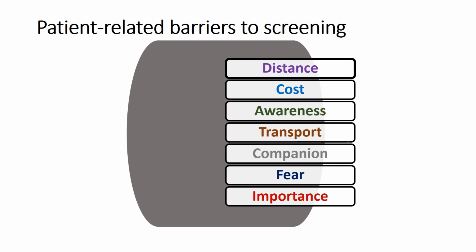Although screening for DR is both effective and cost-effective in the control of DR, there are various barriers to access to the service. Some of the barriers are distance to the health facility, cost, awareness, transport, lack of a companion, fear, and poor understanding of the importance of screening. These barriers are particularly important in low-resource settings.